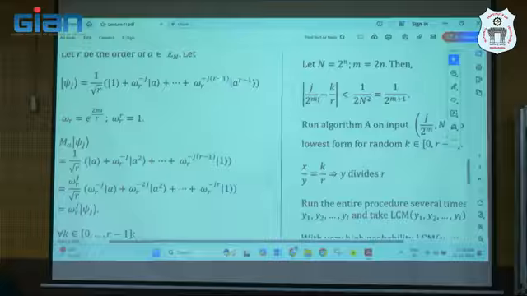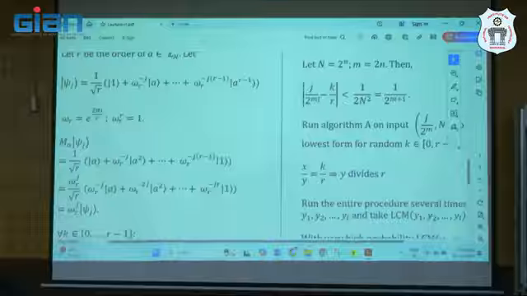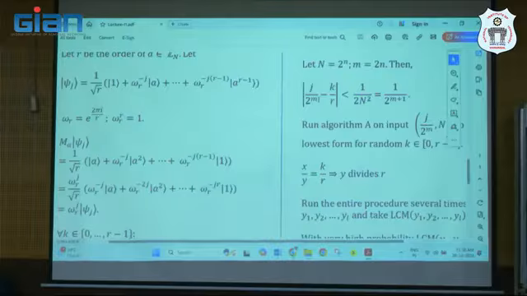Like here it is r minus 1, so r minus 1; here it is 1, so it is 1; here it is 0, so it is 0. Clear? Any questions? Then we sum all of them.